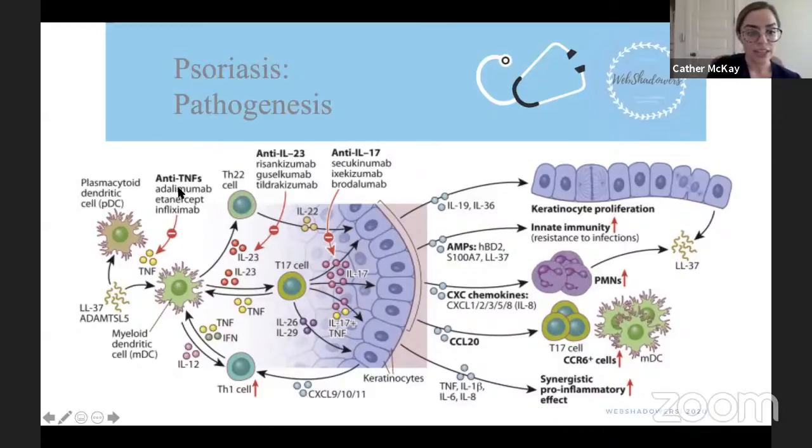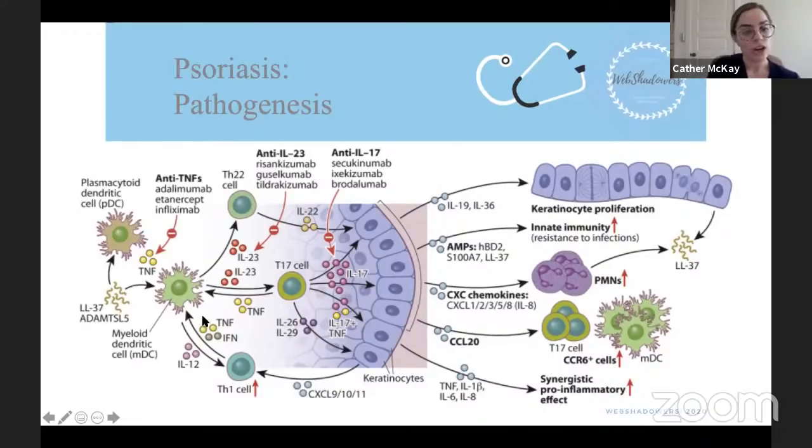So we can target TNF alpha, tumor necrosis factor alpha, with adalimumab, etanercept, and infliximab, and these are the older medicines. Older, I mean, not that old, and still great medicines, but they target the beginning of the pathway.